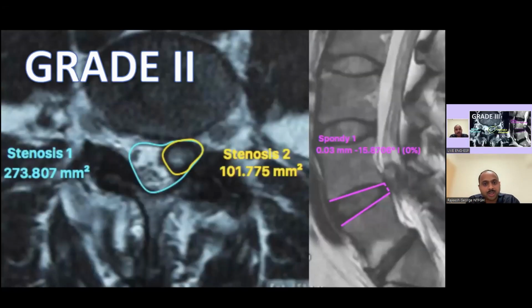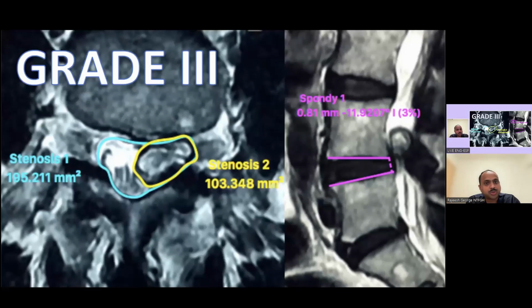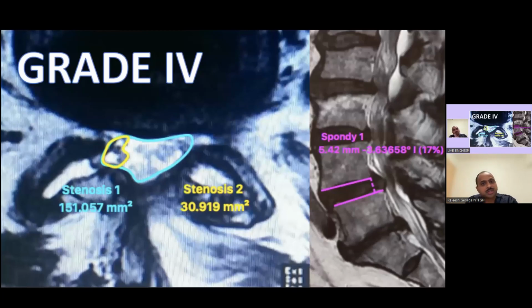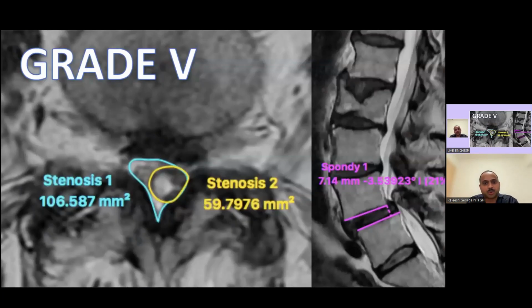And grade 3 would be more than 50% with no listhesis, and so on. Grade 4 would be less than 25%, but with the spondylolisthesis. So the presence of spondylolisthesis obviously comes into the higher grades, and the highest grade would be more than 50% with a spondylolisthesis.